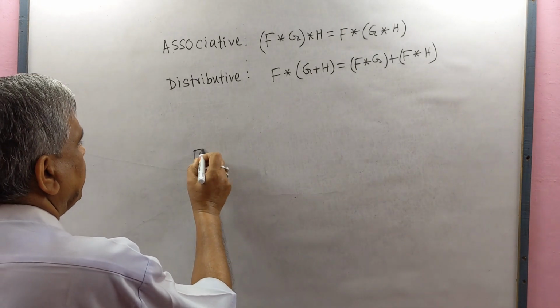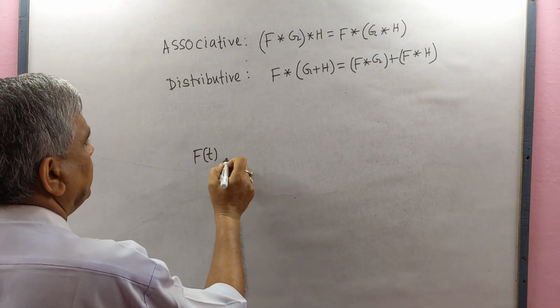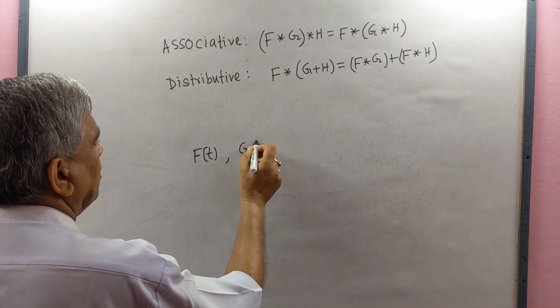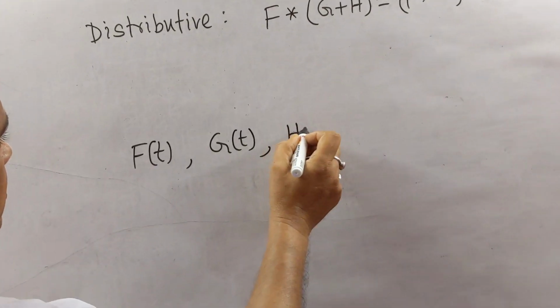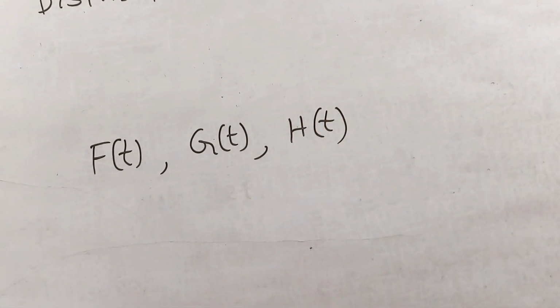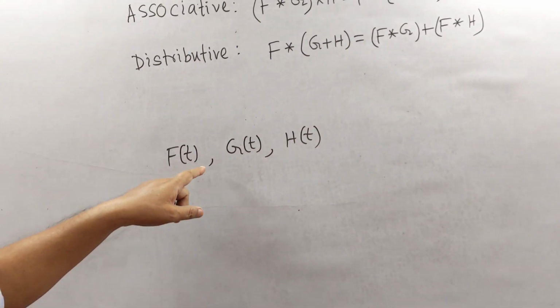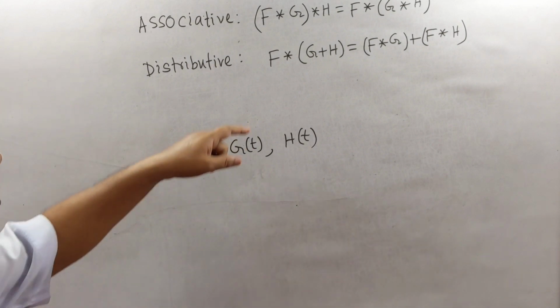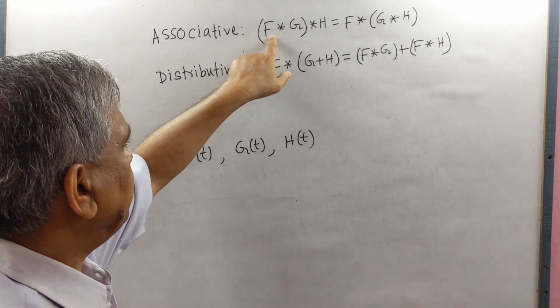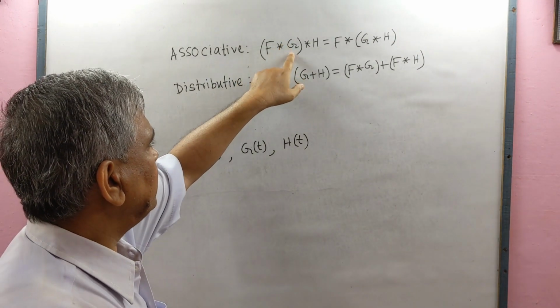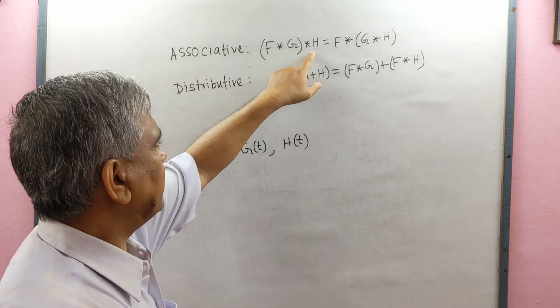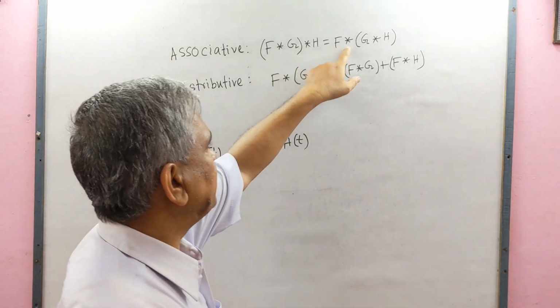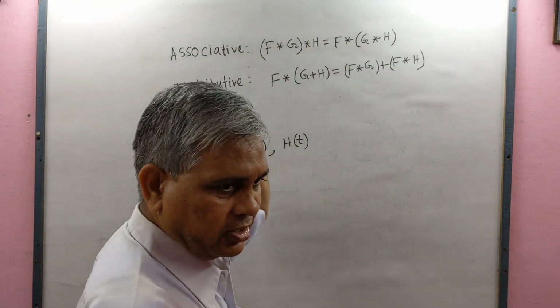Let f(t), g(t) and h(t) be three functions of t. Then convolution of three functions is associative, that is f star g star h equal to f star bracket g star h.